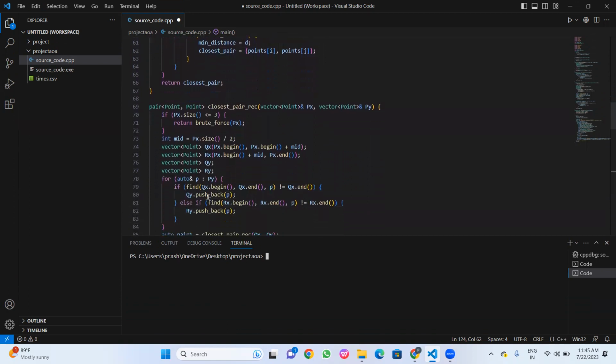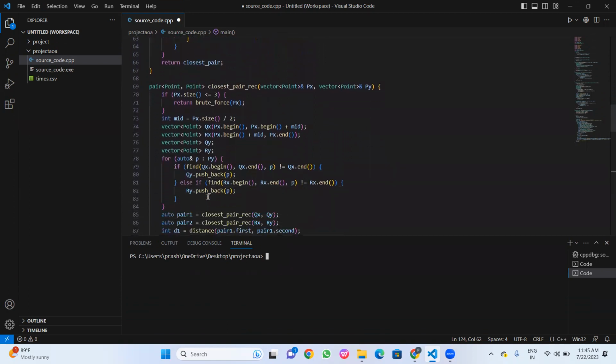And when it comes to closest pair, here we try to divide the graph as much as possible. First we take the graph, sort it, take a midpoint, divide the graph into two halves, and find the closest pair in the two halves. Then we take the minimum value of the right side and the left side.